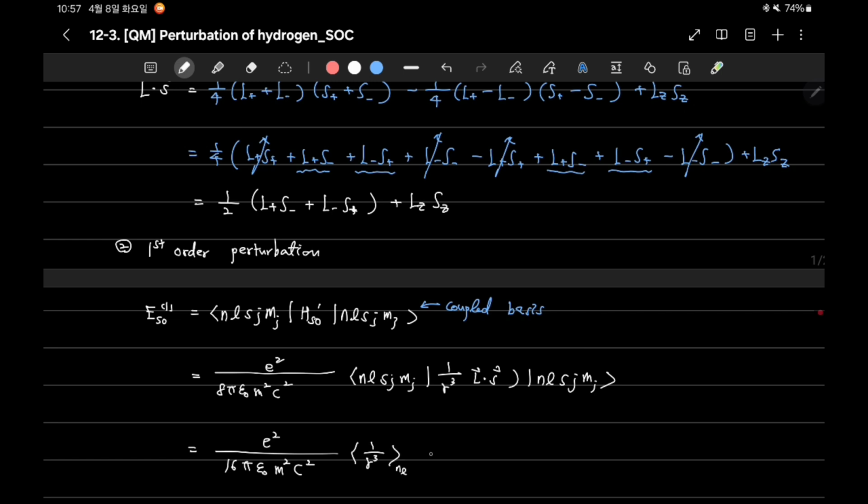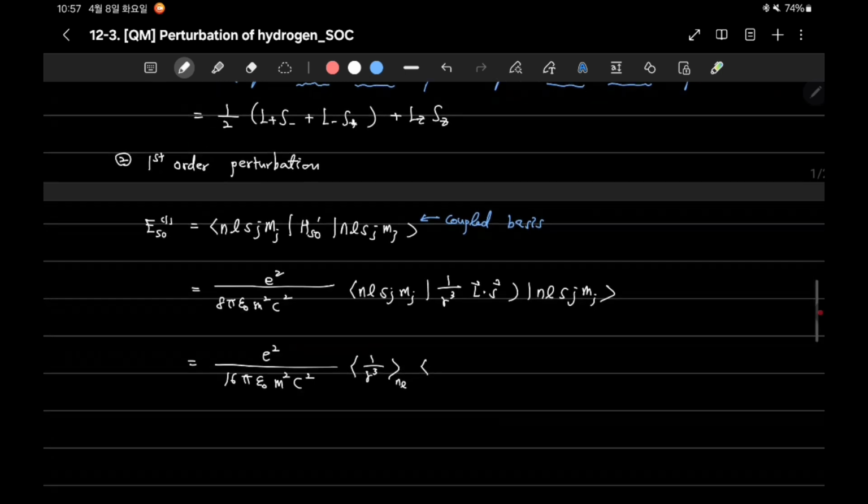is taken in |n l>. Here n only corresponds to the radial part r.